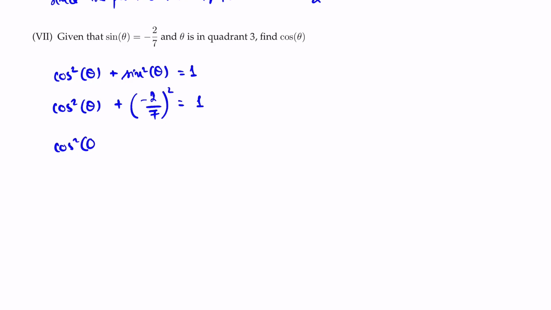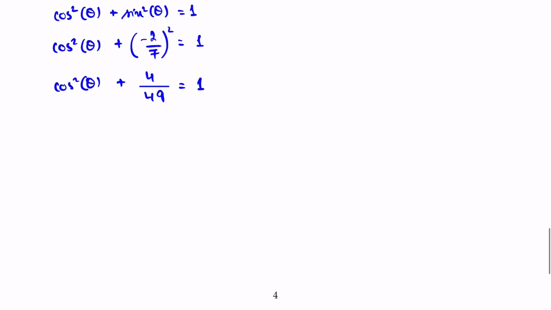So cosine squared of theta plus 4 over 49 equal to 1. I'm going to solve for cosine squared of theta. By moving 4 over 49 to the right hand side, you get 1 minus 4 over 49. And cosine squared of theta is going to be 45 over 49.